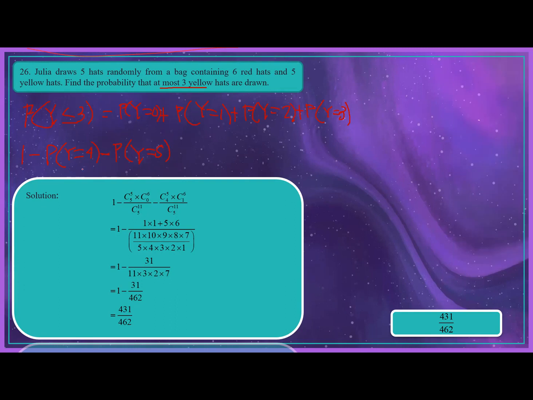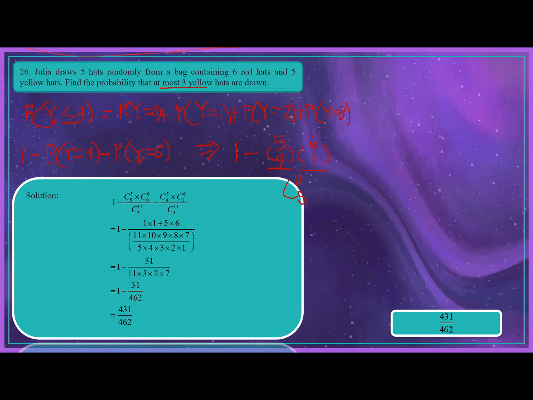From here, this is equivalent to 1 minus the probability when y is equal to 4. When we choose yellow hats, out of 5 you choose 4, and the remaining one would be from the red, so that's 6 choose 1, over out of 11 you choose 5.